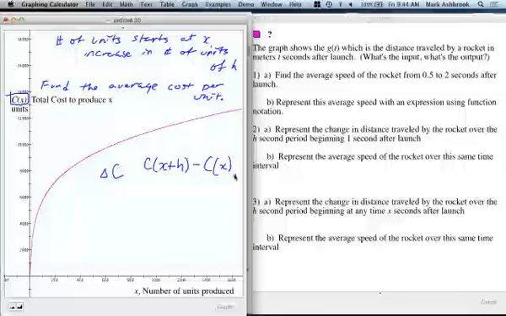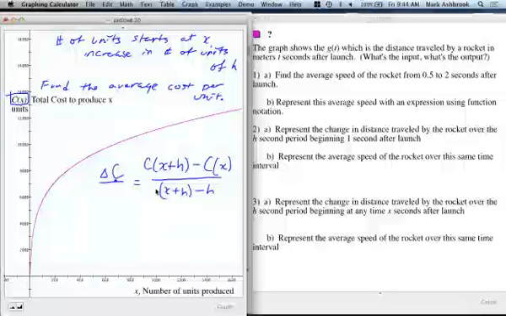Yeah, so that's the change in cost. Which change in cost is it? To produce h units starting at x units. Good. Okay, and then put that over x plus h minus x. That's right.